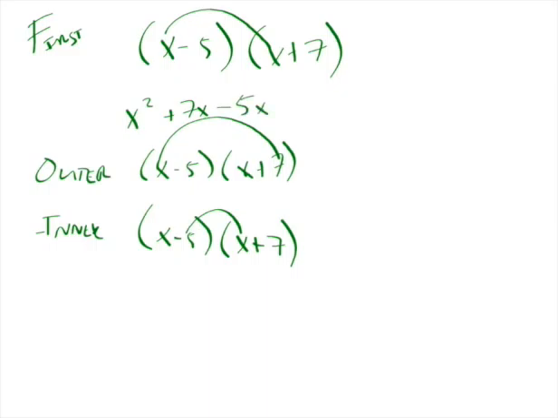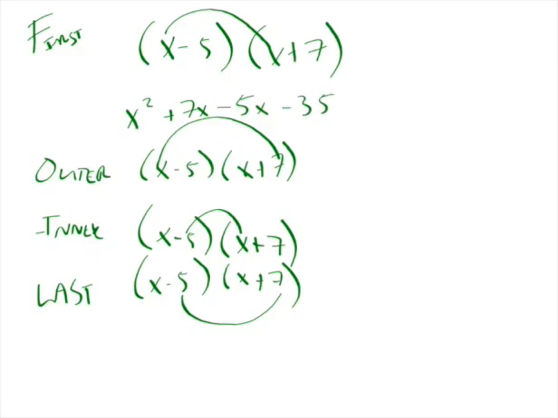And then last. FOIL, last. x minus 5, x plus 7. Our last terms are the last ones within each parentheses. That's going to be negative 5 times positive 7, which is going to give us minus 35.